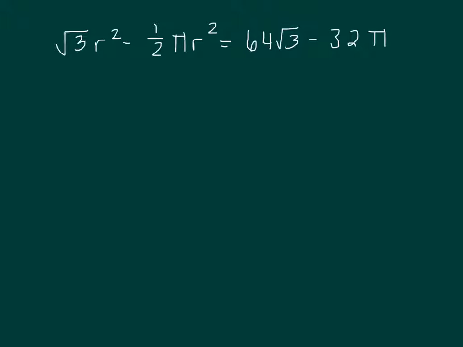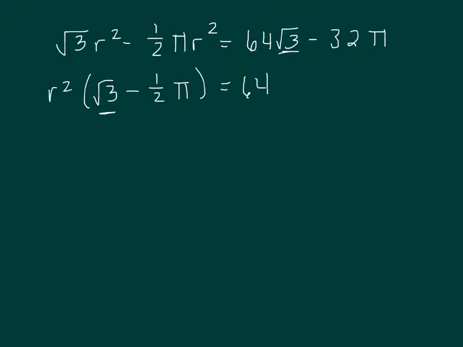Okay, we want to solve for what? We're trying to find the radius. So let's factor out an r squared. If I factor out an r squared on the left-hand side, I'm left with square root of 3 minus 1/2 pi. Now, if you look, I've got a square root of 3 here, and I've got a square root of 3 here. So what I need to do on the right-hand side is to take out a 64.